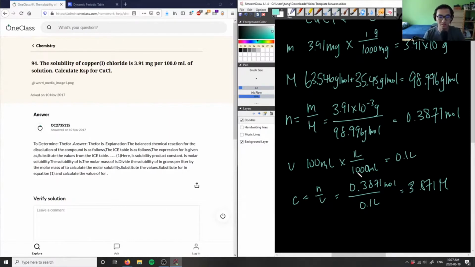Once we have the concentration, we can finally set up our ICE table to solve for our Ksp for copper chloride.